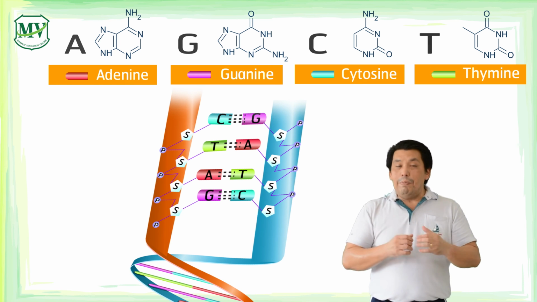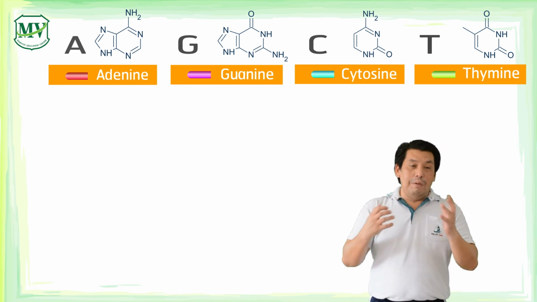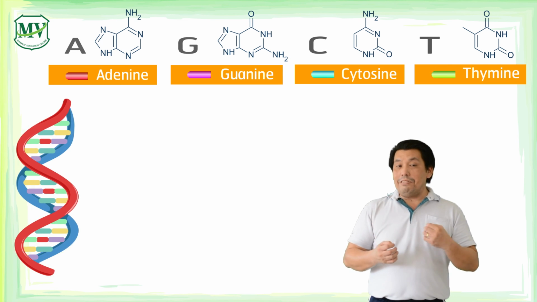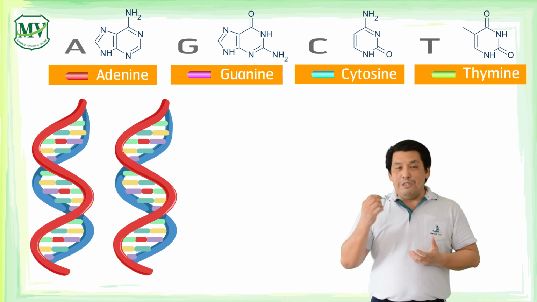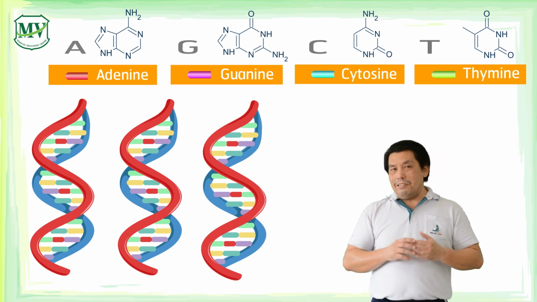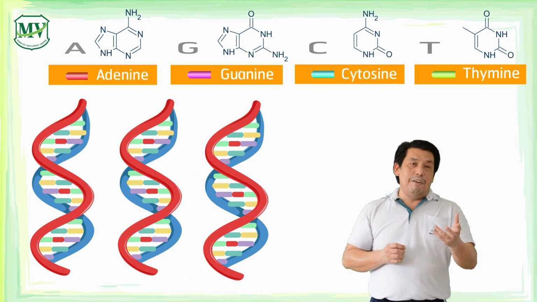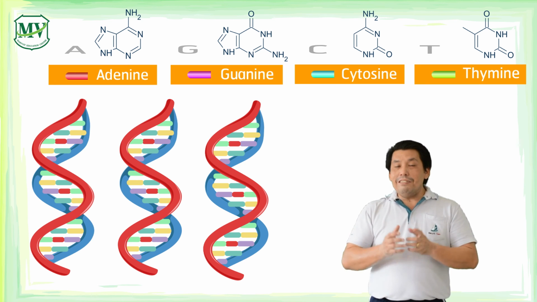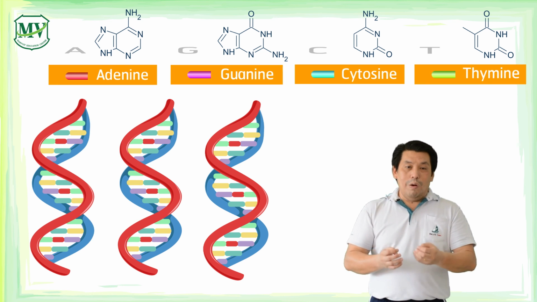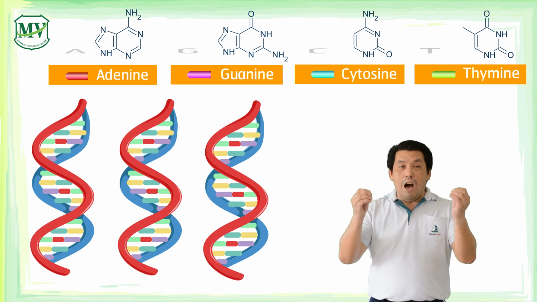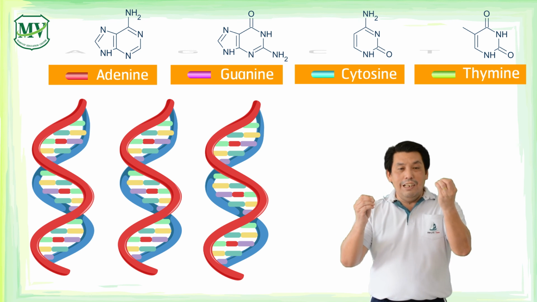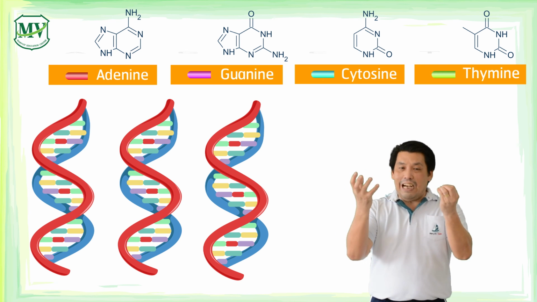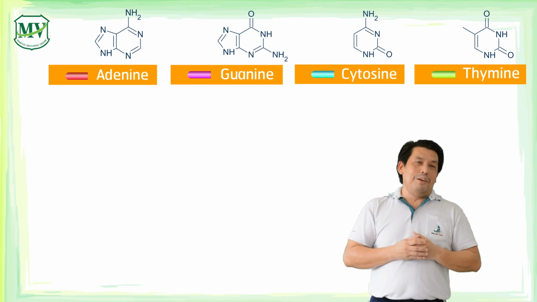An important property of DNA is that it can replicate or make copies of itself. Each strand of DNA in the double helix can serve as a pattern for duplicating the sequences of bases. This is critical when cells divide because each new cell needs to have an exact copy of the DNA present in the old cell.